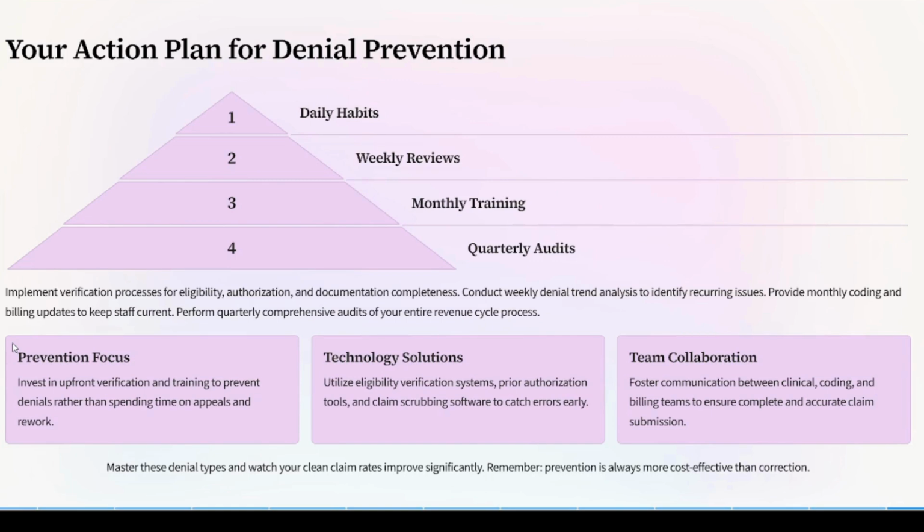And lastly, you want to have team collaboration. Foster communication between the clinical, coding, and billing teams to ensure complete and accurate claim submission. Mastering these denial types and watch your clean claim rate improve significantly. Remember, prevention is always more cost effective than correction. All right?